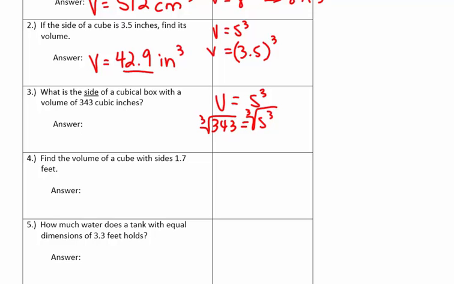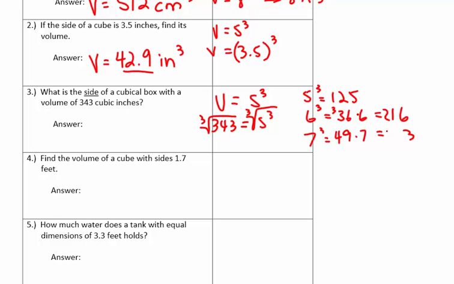If I just put a number up here and see what it is cubed, like let's say it's 5. 5 cubed is 5 times 5 times 5, it's 125. That's not high enough. I could try 6 cubed. That's 6 times 6 times 6. 36 times 6 is 216, so notice it's going up. 7 cubed is 49 times 7, which gives me 343.